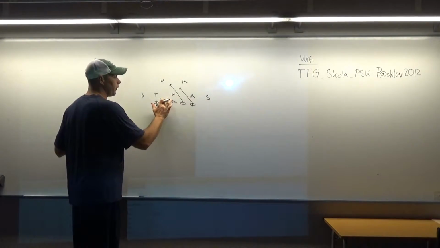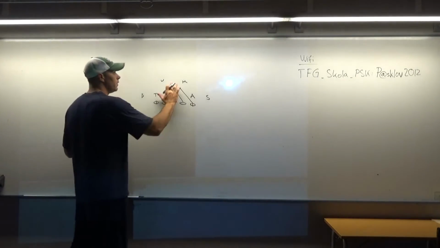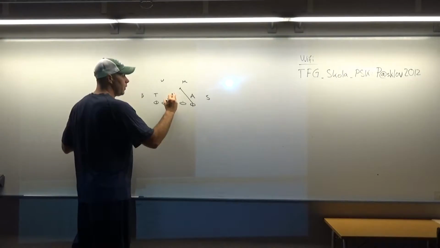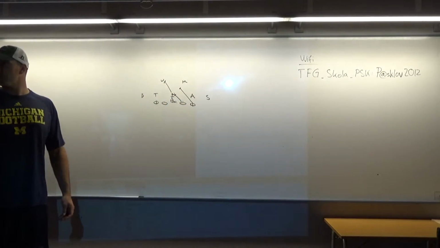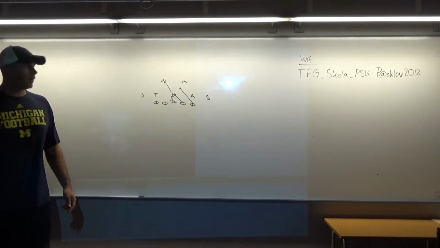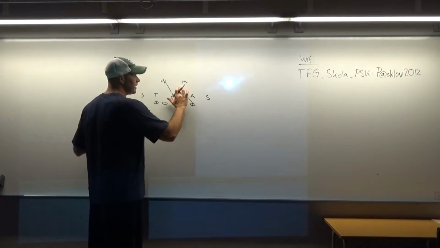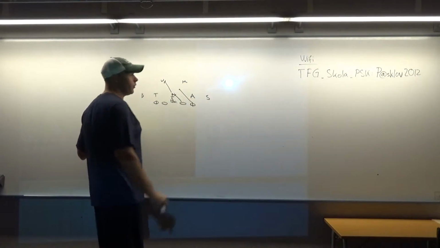So my center on a 30 front, he does not fill for a pulling guard. On a 30 front on power, we double the nose to the backside backer. That's a rule breaker. We don't normally double the nose on power. All right? My play side tackle, he's supposed to block down, leave 2, right?